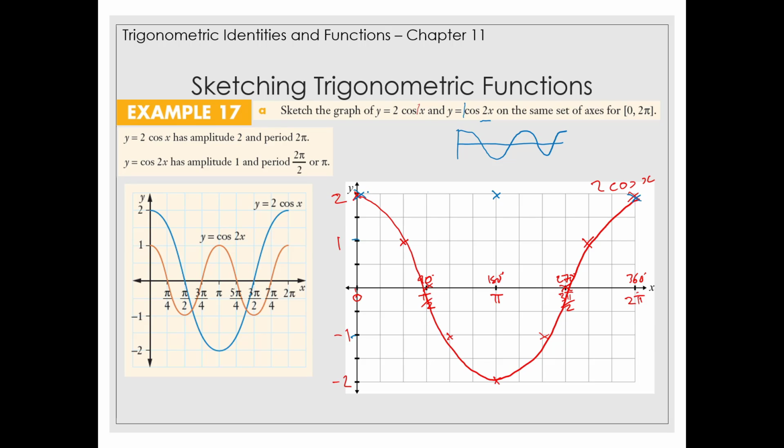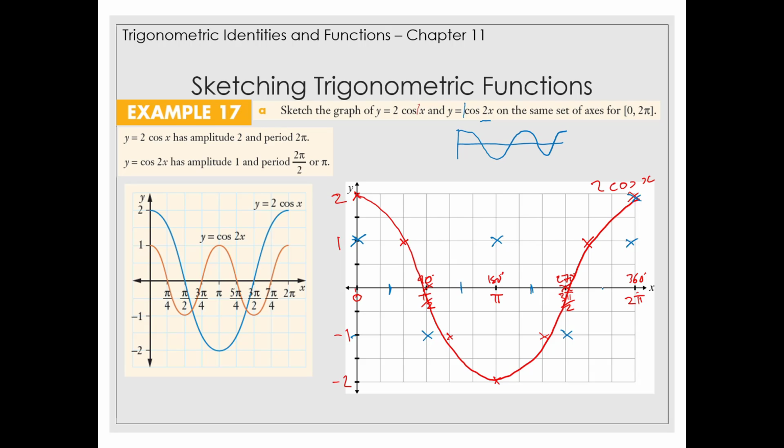Sorry, I put those in the wrong spot, didn't I? Okay, so we're starting there and ending up back there. It's going to drop down to the bottom at this point and at this point. We know it's going to cut through there and there, because these correspond with the halfway points between these.